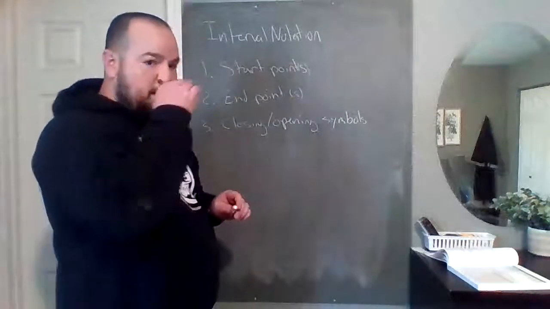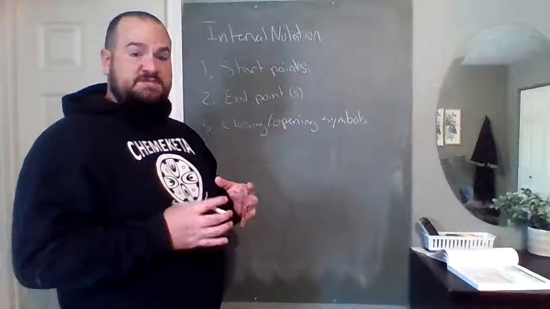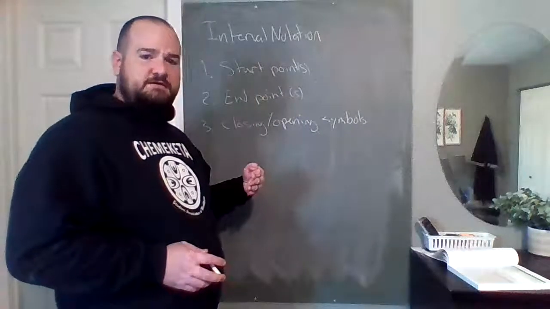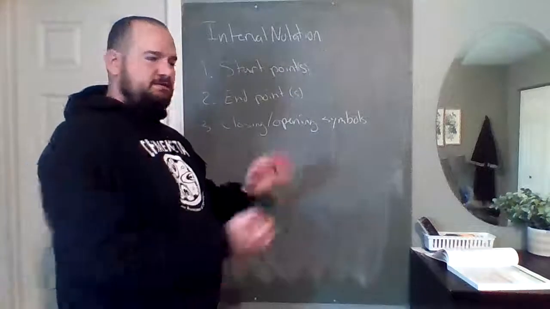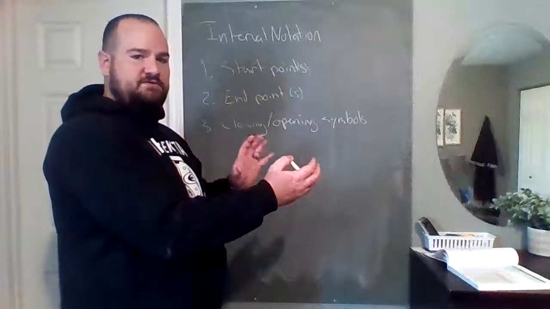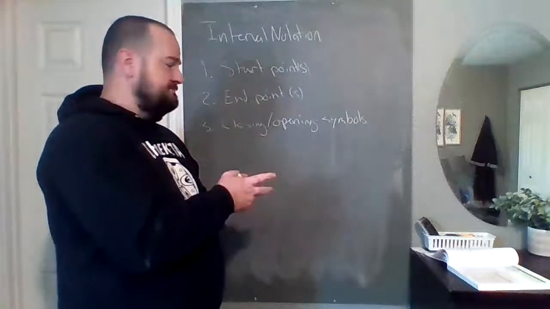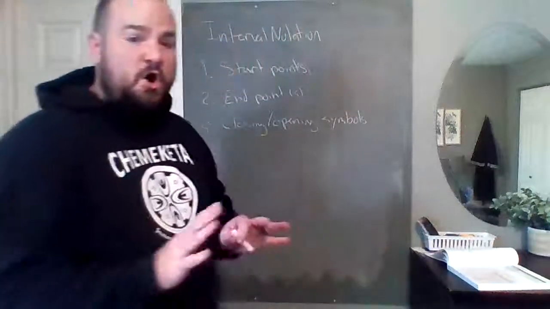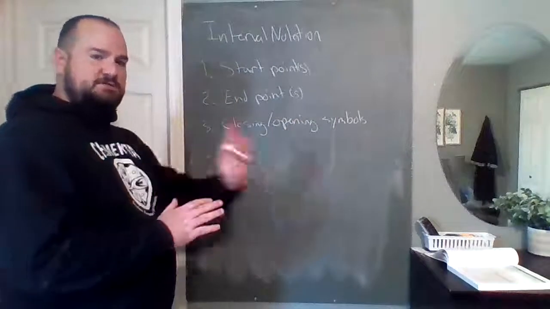Okay, so interval notation, this is really what it consists of. We have some place that we say to start at, we have some place we say to end at, and then we have some symbols on it that tells us whether we include or don't include those points. Okay, so interval notation is always done smallest to largest.